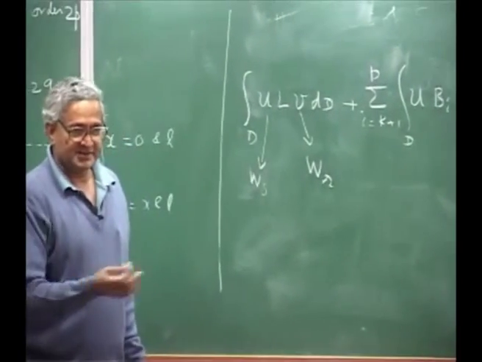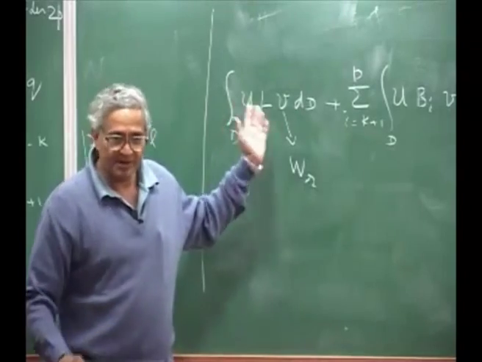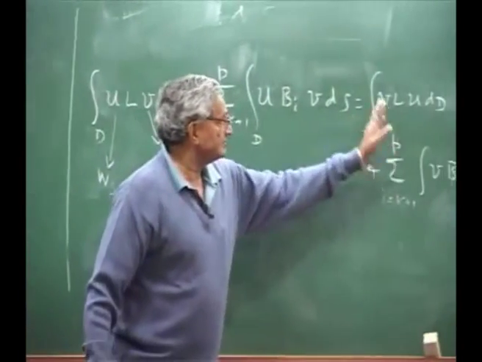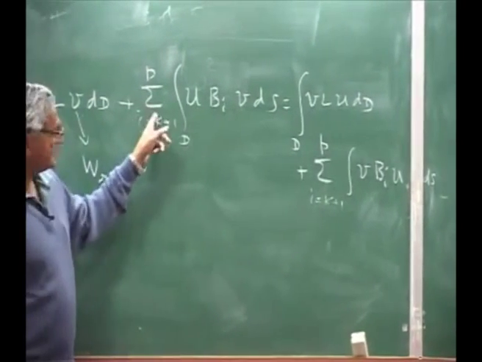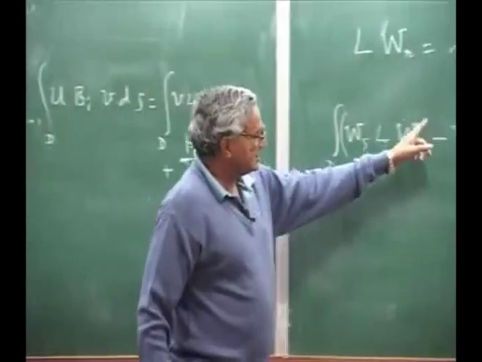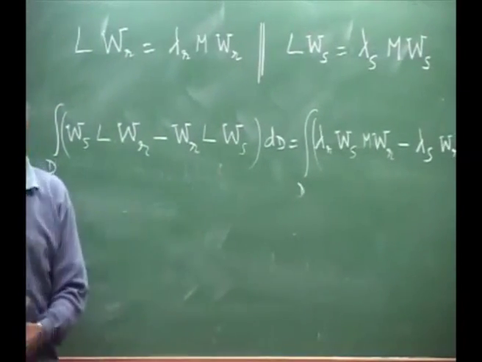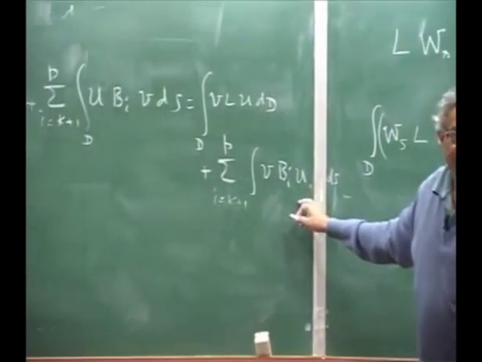Because comparison functions, but they are self-adjoint. They have to satisfy the boundary condition. Eigenfunctions also will satisfy that. And then you take these terms, this you bring it to the left hand side. Okay, that means this particular expression, you can write it in terms of B i's.